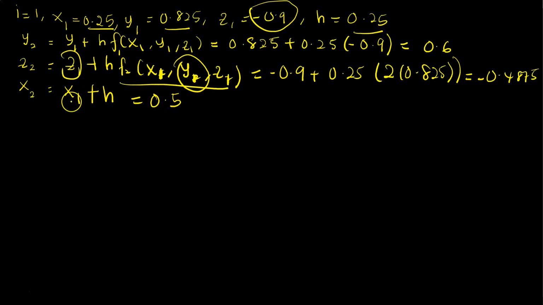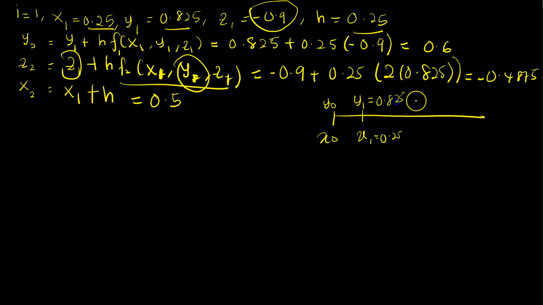What we solved here is the value of x0, already given in the question. We already got x1 equal to 0.25 and y1 equal to 0.825, and then x2 equal to 0.5 and y2 equal to 0.6.